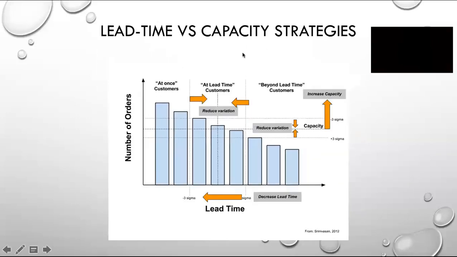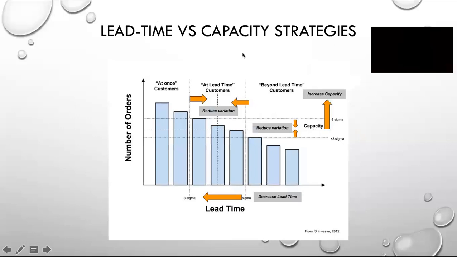So now, strategies to address variation, to address lead time and capacity. You can either reduce variation, which obviously reduces the bands here, either in your lead time or your capacity.